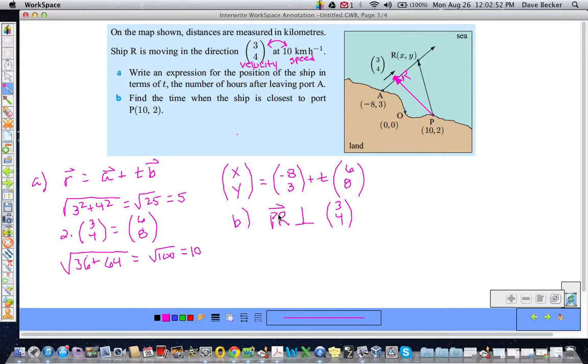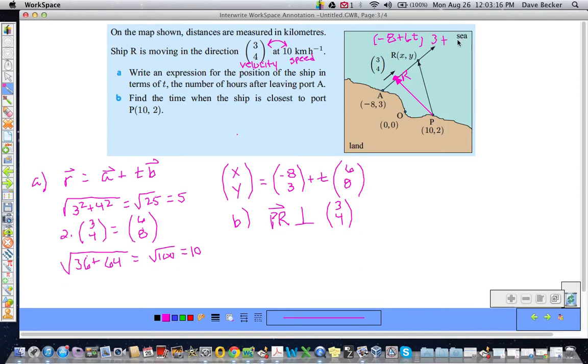So the vector PR, what do we know about PR? Well, this is 10, 2. And the vector r, I'm going to put up here right above the point, we know has x-coordinate -8 plus 6t, and it has y-coordinate 3 plus 8t.